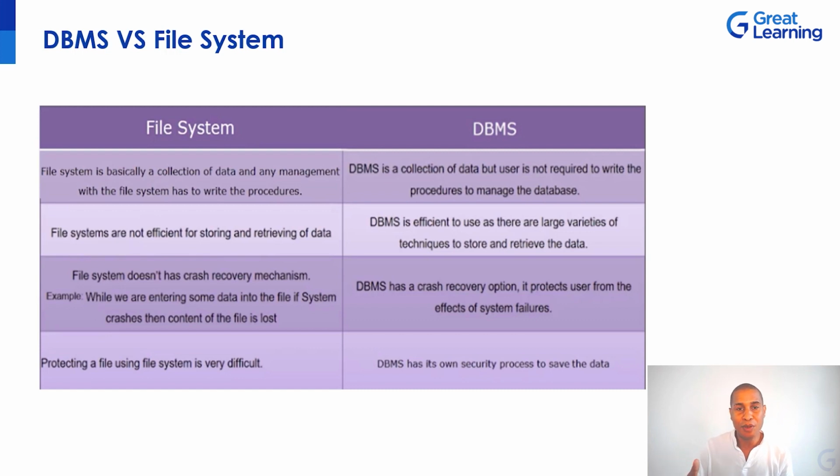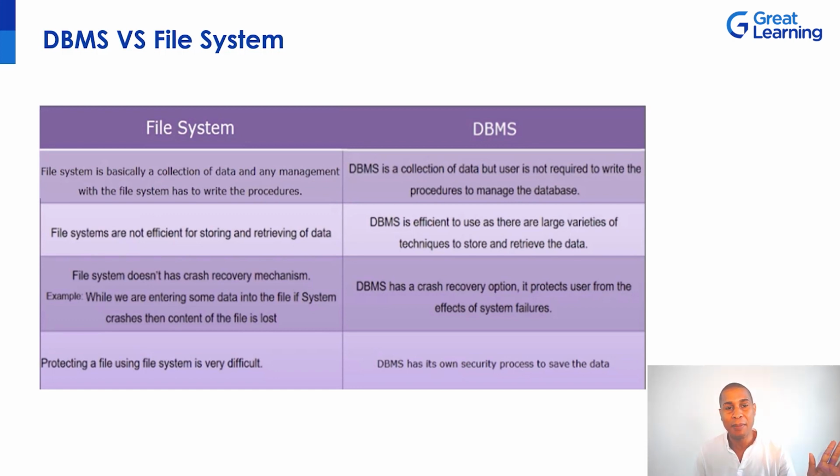So let's talk about the pros and cons and how we can contrast this with a file system. A database management system, we know, is a collection of data that we are not required to constantly write procedures and manage. It's already set up for us, and we can update those procedures and management at will.